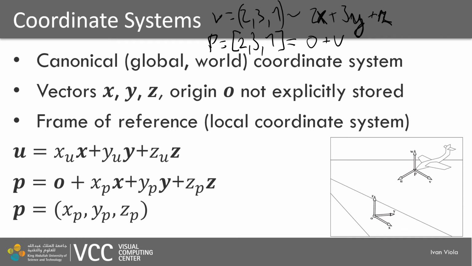So, for example, if you look at this drawing, we have here our global coordinate system defined by the XYZ axis and the origin, and then within this global coordinate system, of the world in graphics, of the scene, we will have local coordinate systems of individual objects, like for example, of this plane.